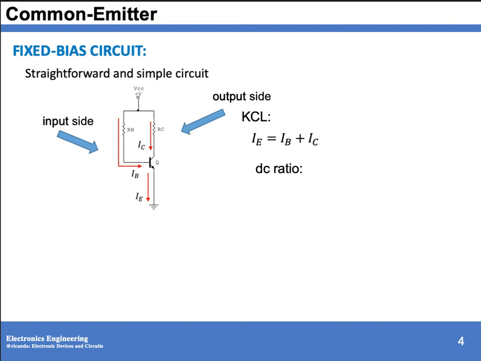It is output over your input. So we have a current output, which is IC, and your current input, which is your IB. Therefore, beta equals IC over IB. Solving for your IC, that is equivalent to beta IB. And applying this term of your IC, which is beta IB, to your equation for IE, therefore IE equals IB plus beta IB, or IE equals the quantity beta plus 1 times IB.